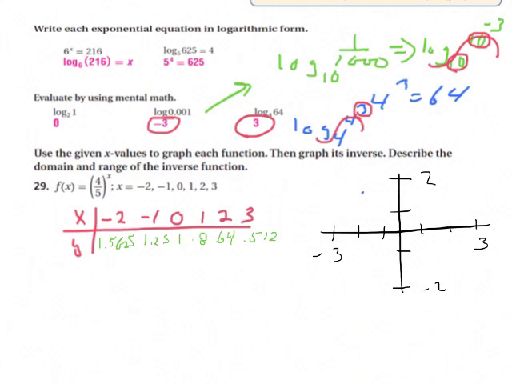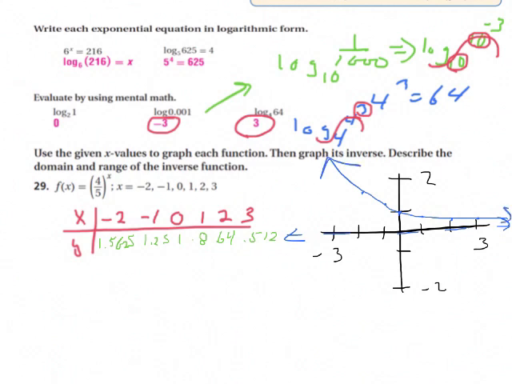At -1, I get 1.25. Here I get 1. Here I get 0.8. Here I get 0.64. And here I get a little bit more. Remember, your asymptote runs right across here. This graph gets ever so close but doesn't touch the asymptote, and it looks something like that.